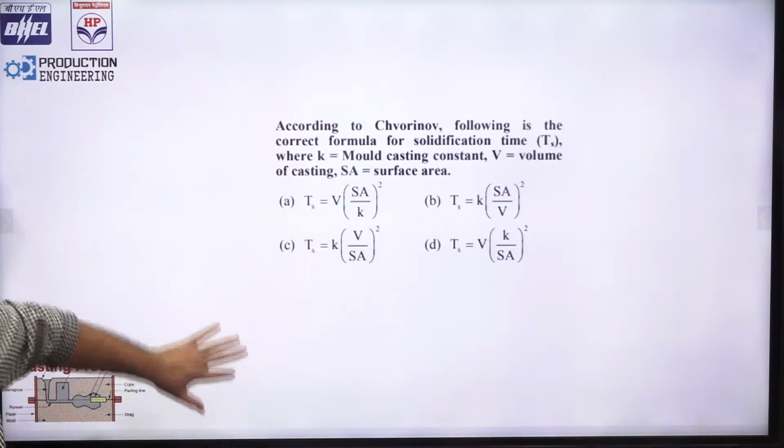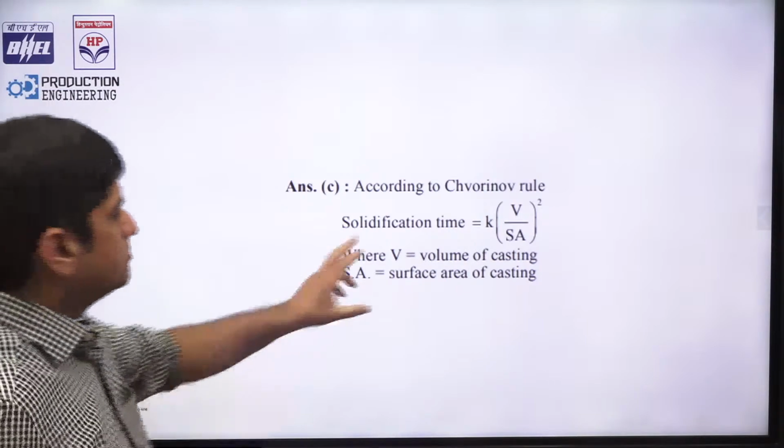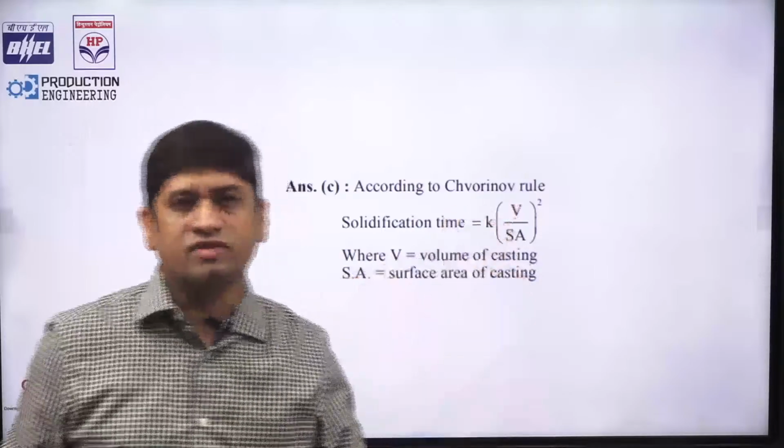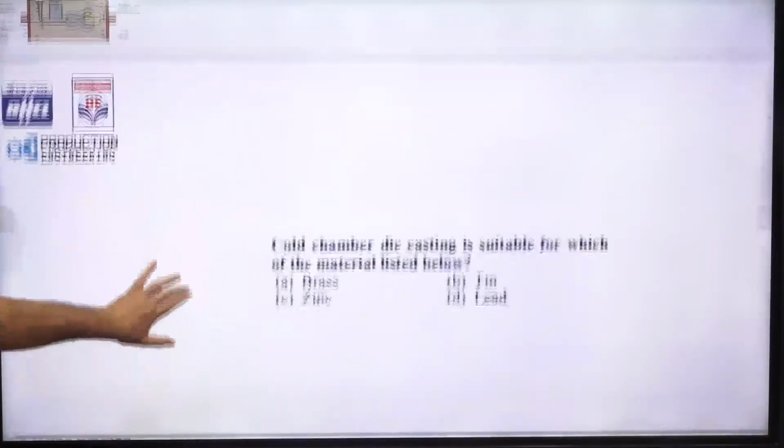So all of you know this is the formula. This formula is very, very important to calculate the solidification time. So solidification time is volume over surface area, whole squared. Very simple question. Let's go for the next.